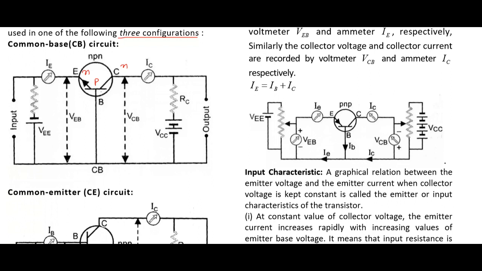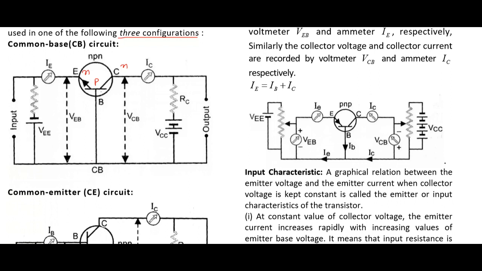Forward bias means that P should be at higher voltage. Now this is N, it means it should be connected to the negative of the battery. This is connected to the negative of the battery, and positive end is connected to the base.